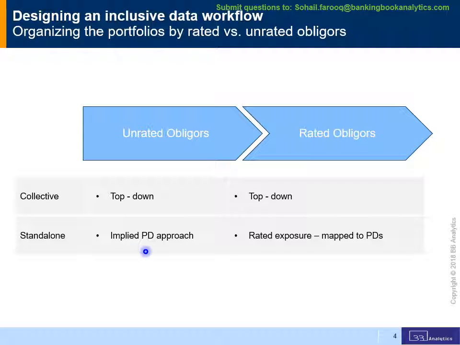Similarly, PDs can be derived for small-medium enterprises, residential mortgages, and other borrower cohorts. We call this implied PD approach. For those institutions with internal ratings, this was relatively simple as we used through the cycle PDs and converted them into point in time.